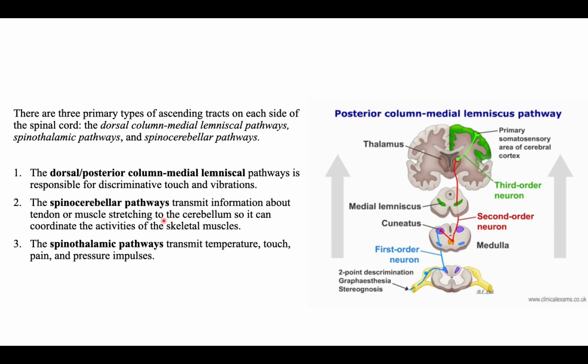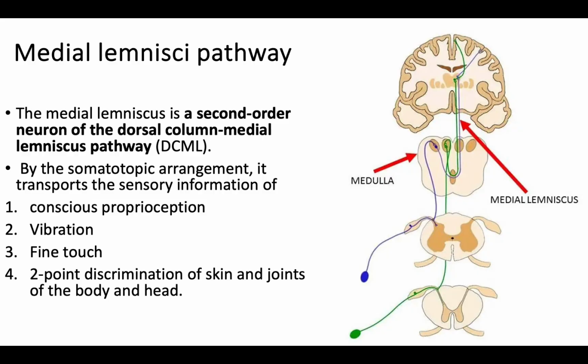We usually say unconscious pathway to pathways which do not go to the cerebral cortex. And you have the spinothalamic pathway, which transmits pain and temperature and pressure. As we will see, that one has a different pathway. We will come to that.